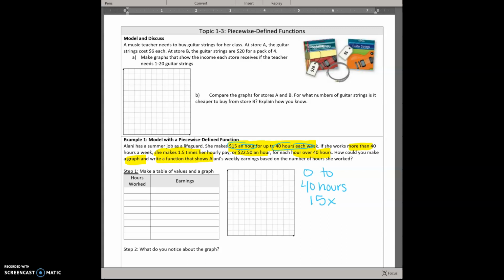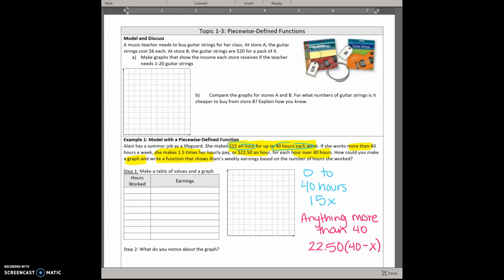And then if she works more than 40 hours, so anything more than 40, then she's going to make 1.5 of 15, so $22.50 X. However, this is only going to work if we have the hours after.